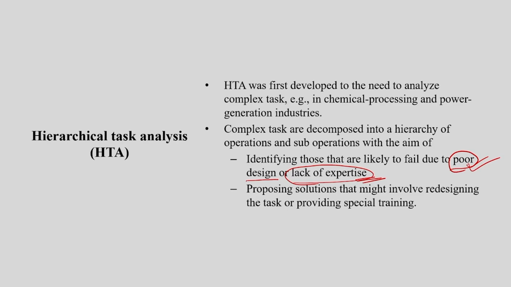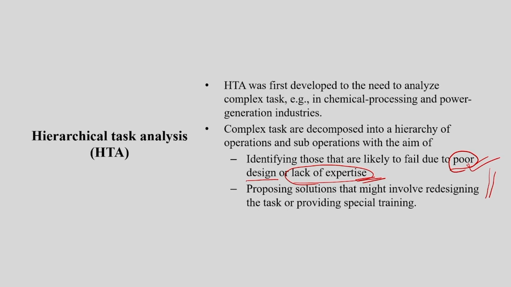Then it becomes easier for a new person to adapt to the situation. And second, we are going to propose a solution that might involve redesigning the task or providing special training. So, it is connected with each other, and that is very important.